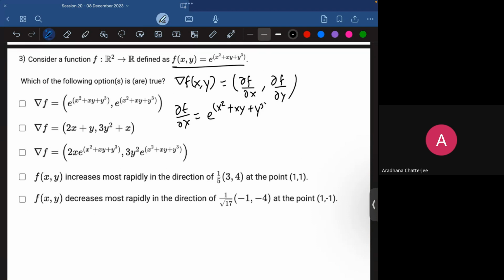Now we need to apply chain rule, because first we'll take the derivative of the outside function. Now this is also a function, so we need to take the derivative of that with respect to x. Here the inside function, what is its derivative with respect to x? If we take the inside function as a separate function, with respect to x, what is the partial derivative?